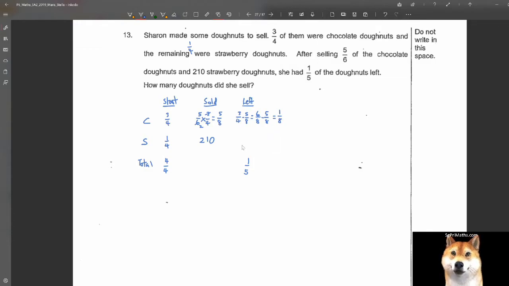So you know that at the end there's 1/5 left, and 1/8 is chocolate. That means the strawberry is 1/5 minus 1/8 over here. This will change to the same denominator, which is 40, equals 3/40.